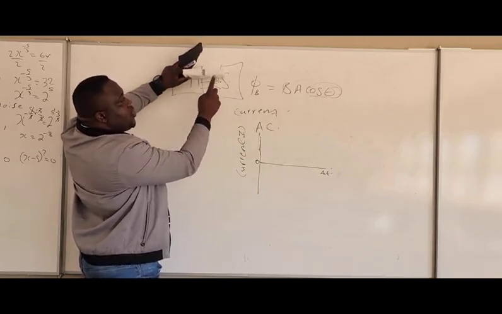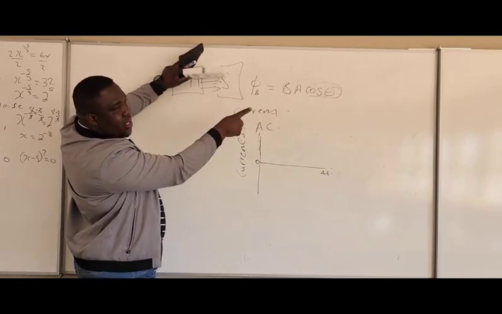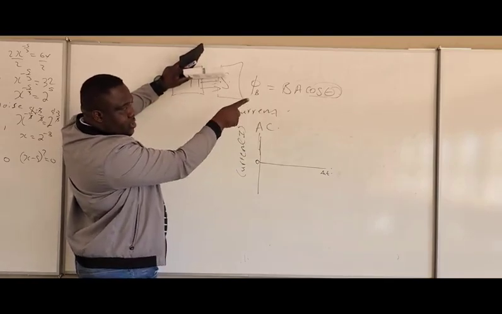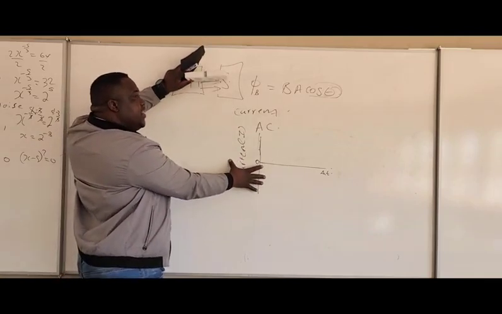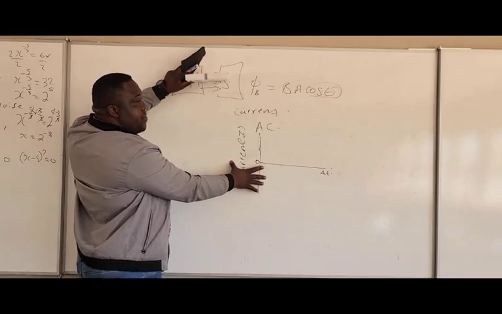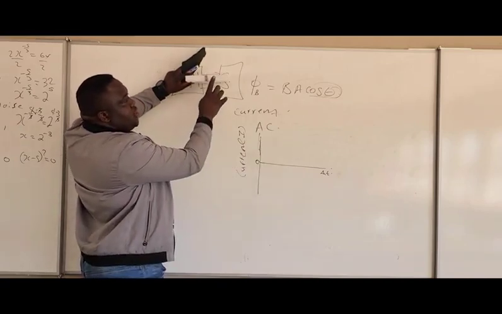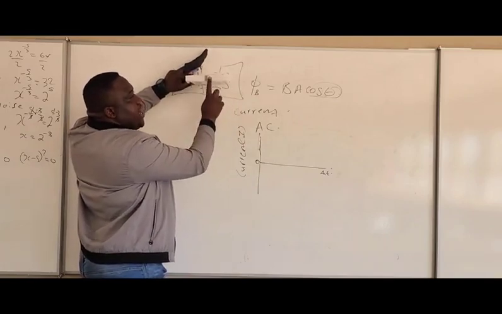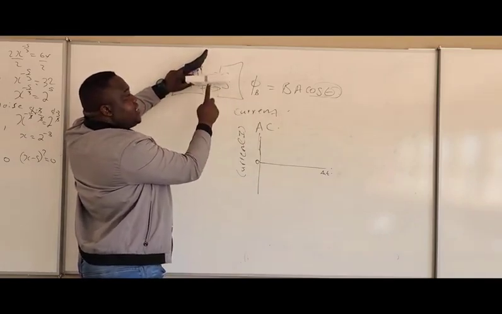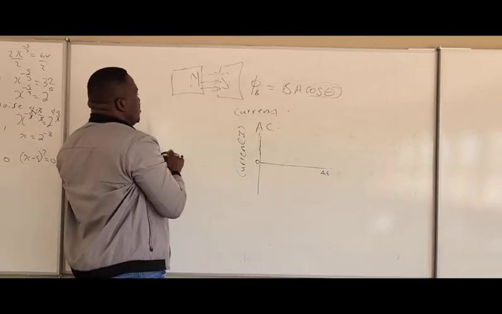Then let us focus. What is angle theta? Remember I said for current we use cos. Since we are plotting a graph of current versus time, the position of the coil is parallel to the magnetic field line. So theta is going to give us 90 degrees.